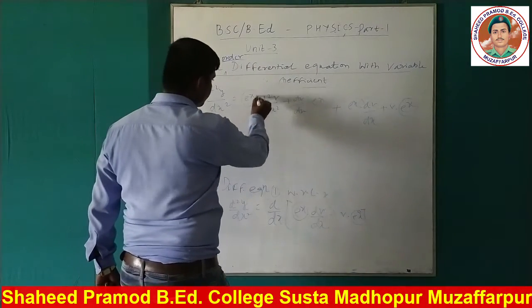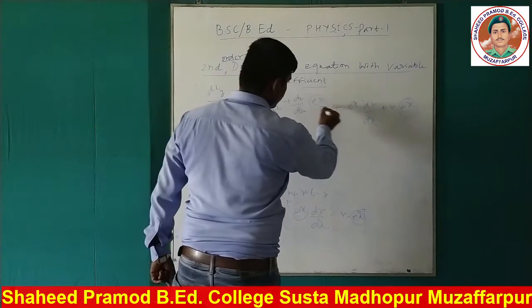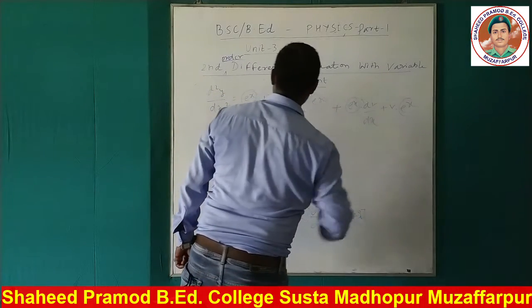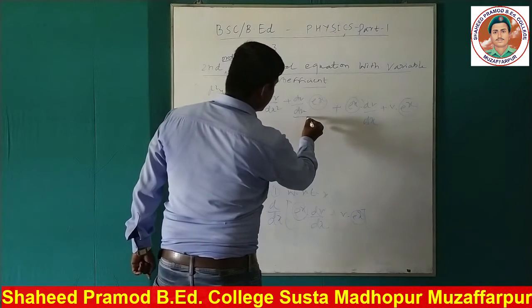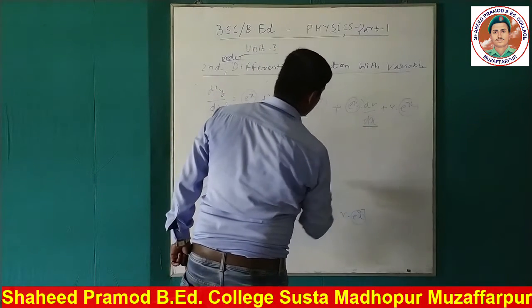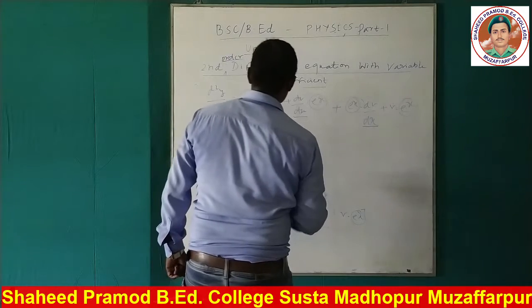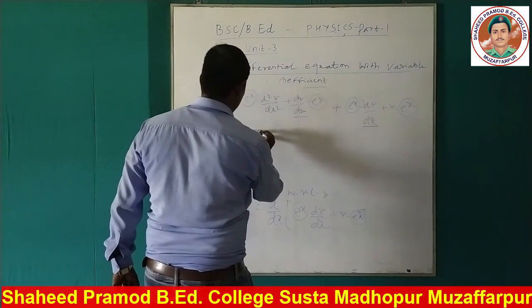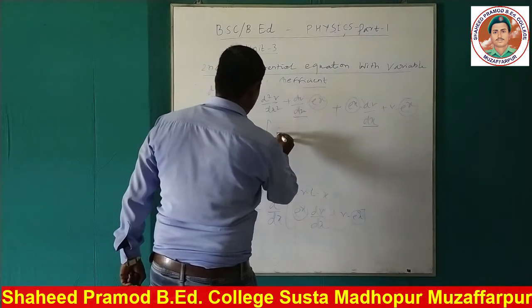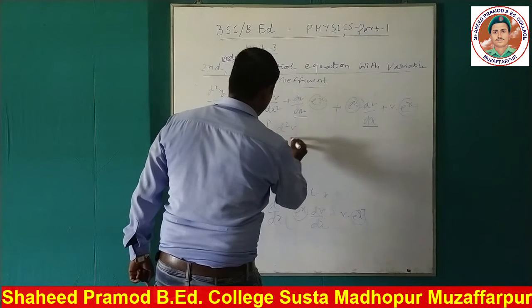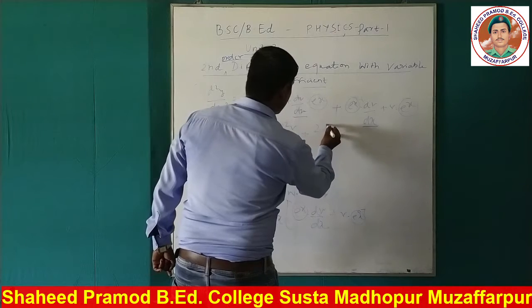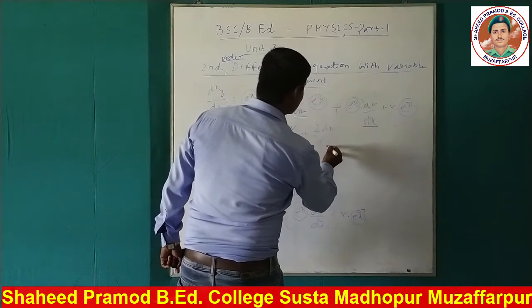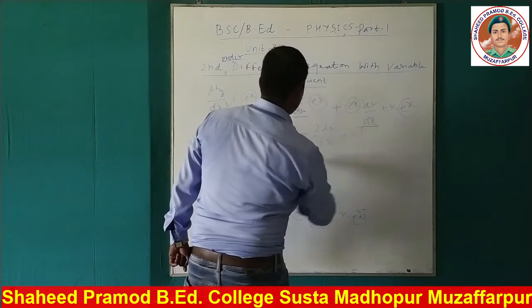Now in each form there is e^x, so you have to take e^x as a common, and here dv upon dx is also there and dv upon dx is also there, so this will summarize to 2. So if you will take e^x as a common, so you will get the equation like this: d2v upon dx square plus 2 dv upon dx plus v.